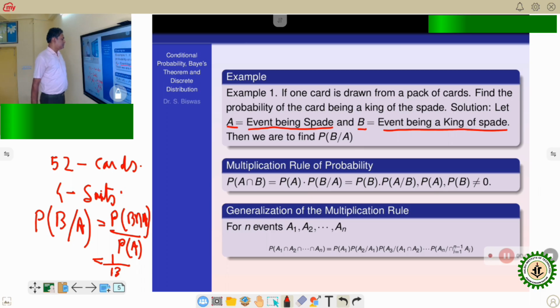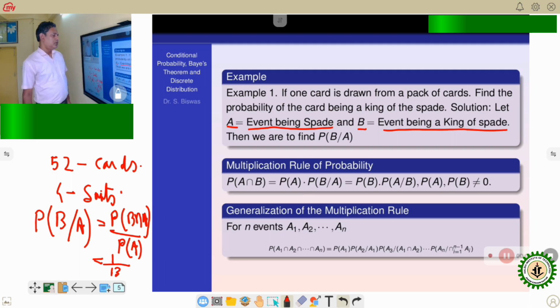Okay, this is all about this question. This question gives us an important idea of how on one condition the occurrence of another event depends, both being events from the same random experiment. That has to be true.